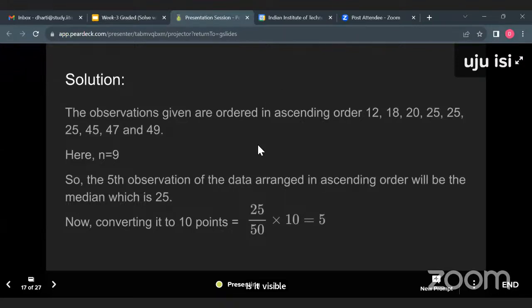Yes, ma'am. So there are 9 observations: 12, 18, 20, 25. Till here we do not have any problem, right? Yes, we want to find the median.